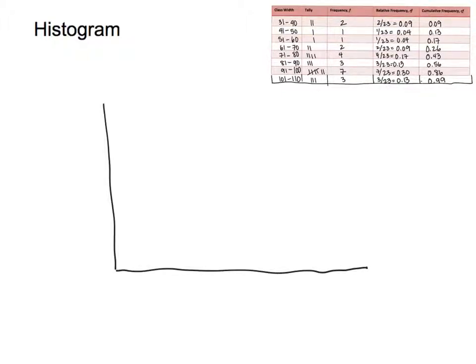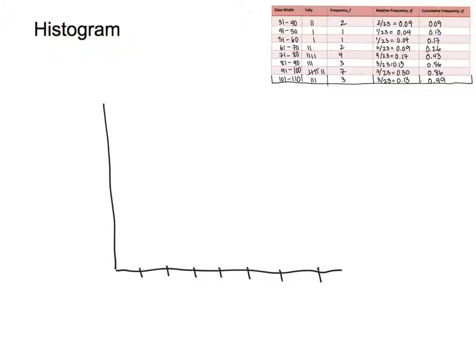I have 7 intervals here, so I'm going to need 7 bars: 1, 2, 3, 4, 5, 6, 7. So maybe I don't need that much space, so let me erase some of this.